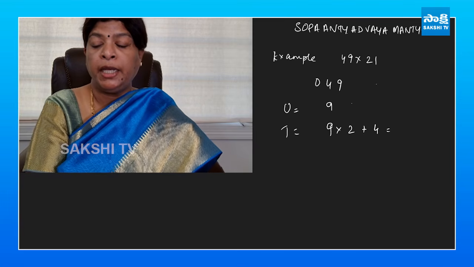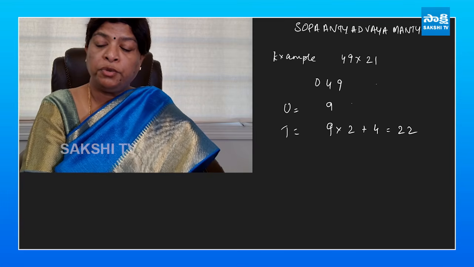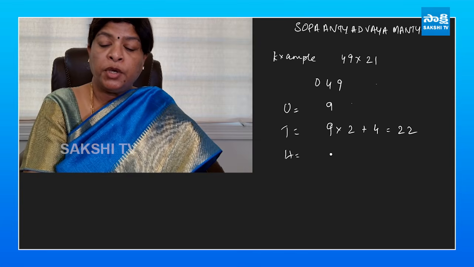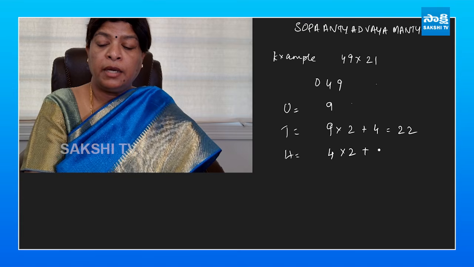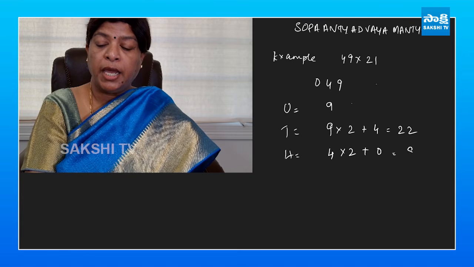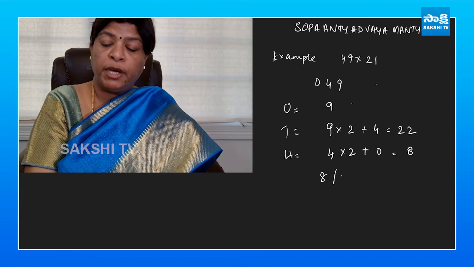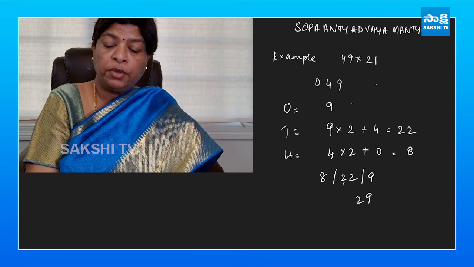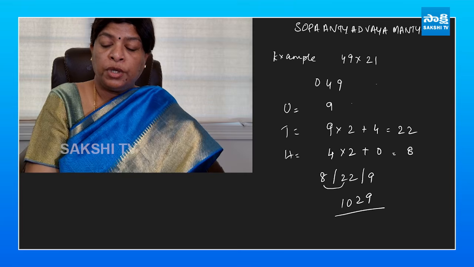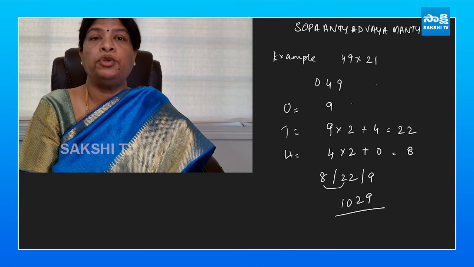So we have 18 plus 4, which is 22. And for the hundreds place, we're going to multiply tens place with 2 and add the 0. So we have 8. So 8 followed by 22 and then 9. So drop 9, drop 2, add this. So the answer to this problem is 1029.